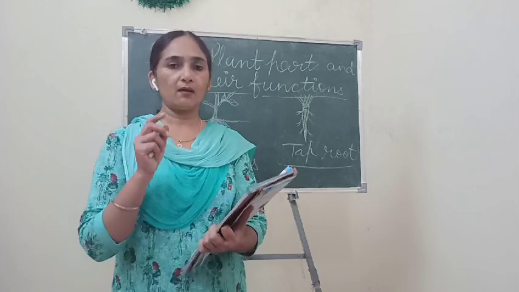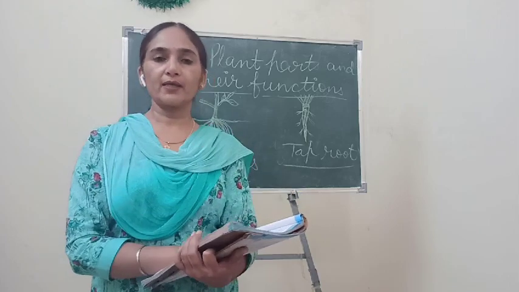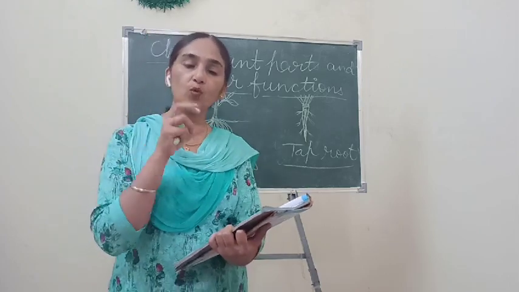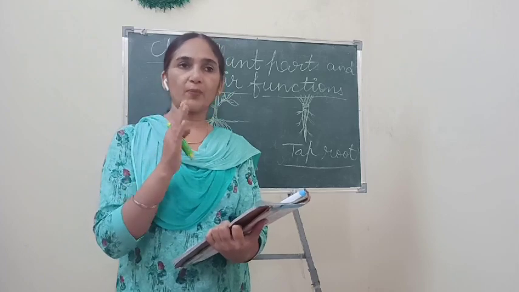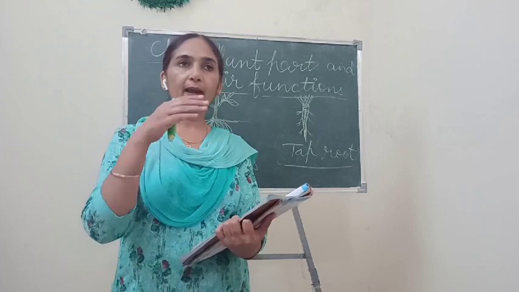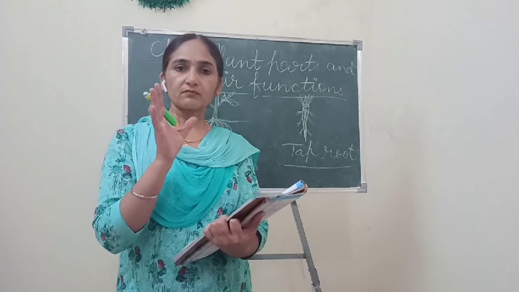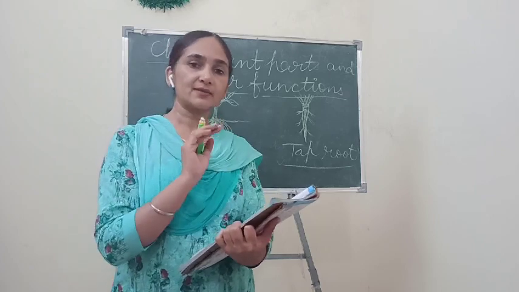You know, children, that plants are living organisms which can prepare their food with the help of simple air, water and sunlight. Understand? And this thing you have studied in class 3.